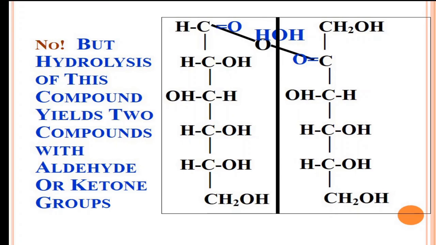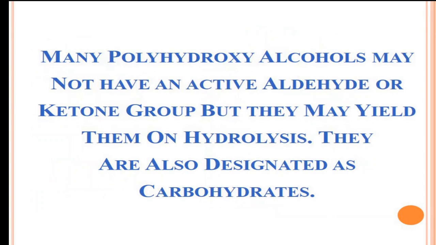So what we have seen is that many polyhydroxy alcohols may not have an active aldehyde or an active keto group, but they may yield those active aldehyde or keto groups on the hydrolysis. So those molecules which apparently do not have an active carbonyl group, but on hydrolysis produce an active aldehyde or a keto group, will also be classified as the carbohydrates.